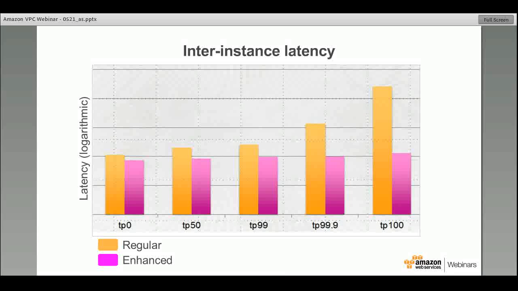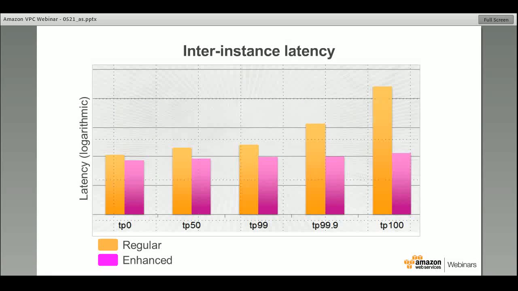This is data from a simple test that we ran, and across the bottom we show percentiles. TP0 would be the 0th percentile. That would be the minimum. TP100 would be the maximum. And what we show is the latency of traffic between instances using both our regular network virtualization and the enhanced network virtualization.